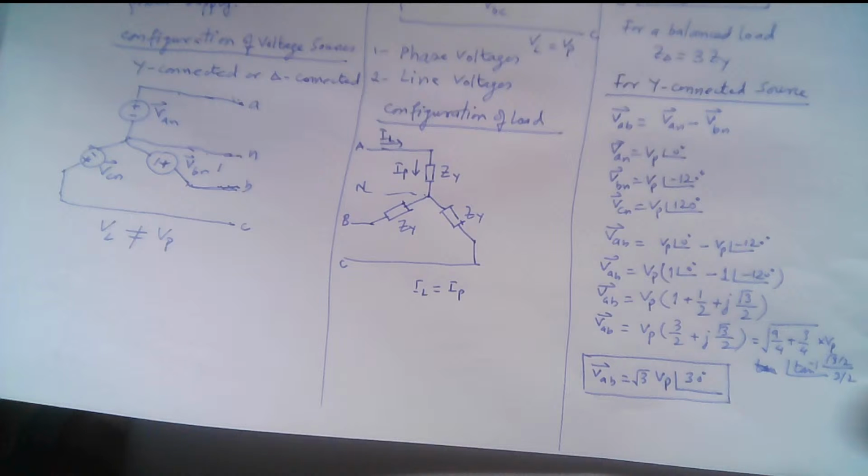Similarly, VCA is given by VCN minus VAN, which is in the opposite direction. For the opposite direction we take the negative sign, and this again lags VBC by 120 degrees, so the magnitude remains the same.